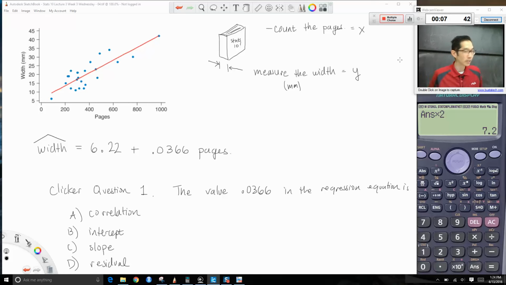So we have width hat is equal to 6.22 plus 0.0366 times pages. Does the value 0.0366 represent the correlation, the intercept, the slope, or the residual?